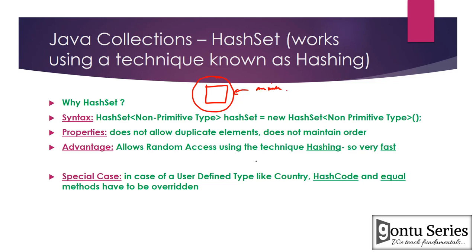What that means is, if you have put Ankush here, it's not going to allow you to put one more Ankush. If you put it there, it's going to override this Ankush with this new one. But at any given point of time, it will not have two Ankush there. It will have only one Ankush.